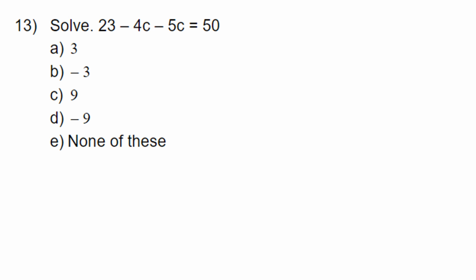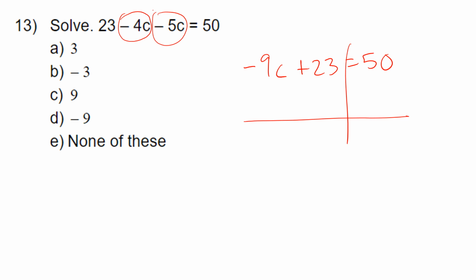Okay, what I'm going to do to solve this is put this and this together. Negative 4 and negative 5 is negative 9. So negative 9c, and that 23 is positive, so I'll put plus 23 and equals 50. Then I will subtract 23 from both sides. Negative 9c equals 27.